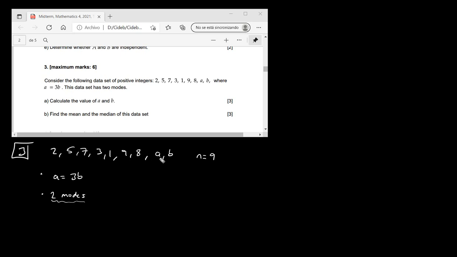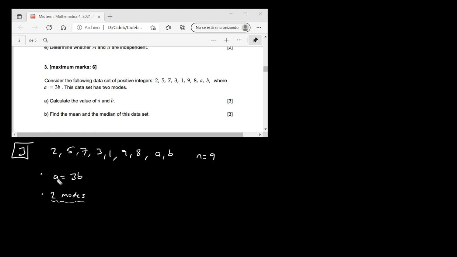For example, A could be 1 and B could be 3. I'm saying could. I'm not doing any arithmetic yet, because in that way I'm going to have at most 1 and also 3 as modes, because they would be repeating themselves twice. So at least I know that A and B must be one of these 7 numbers and no other possibility.